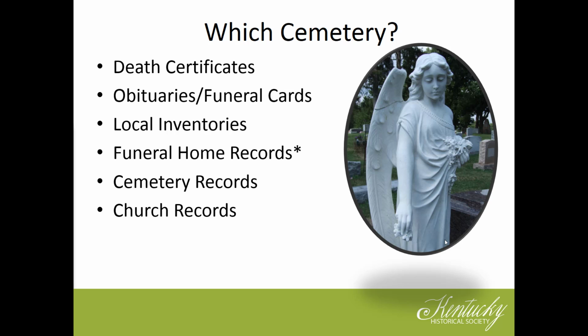Church records. Again, we had talked about the difference between cemeteries and graveyards. So if there is a church right next to where your ancestor was more than likely buried, contact that church. They may have the records there on site. Keep in mind sometimes church denominations and buildings do change hands, so it may not be the same denomination that it was before, or the church may have gone defunct.